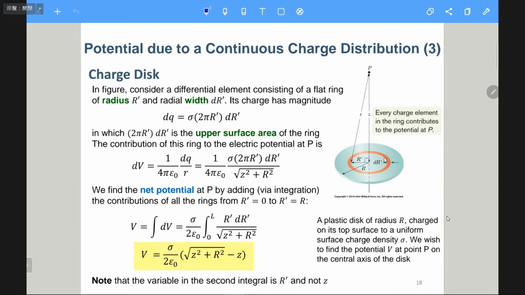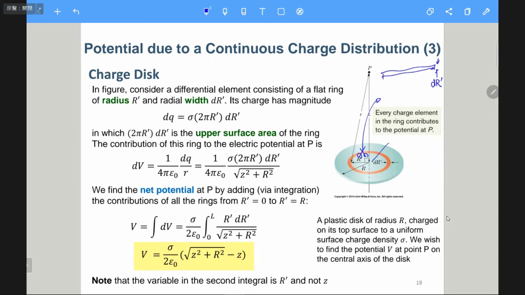Let's see this orange ring. We have sigma, the surface charge density, multiplied by the area of this ring. You can also try to cut it and expand it. It will become a rectangle if the ring is very thin, and the height of this ring will be dr prime.